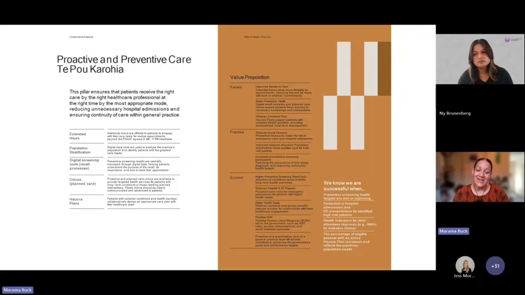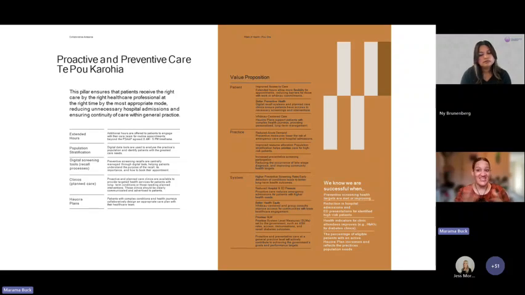Digital screening tools. Now, this is something that will be ever changing. There are lots and lots of examples now of really easy, simple digital tools that can be used to help with the recall process.